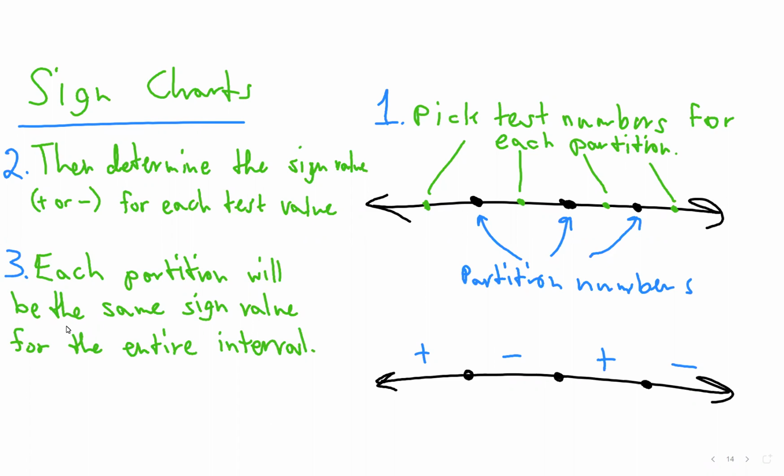Each partition will have the same sign value for the entire interval. That means that each of these test numbers will give us the sign for each interval, each partition that we have, and we can draw a chart which resembles the chart here below. So that is what we have for sign charts.